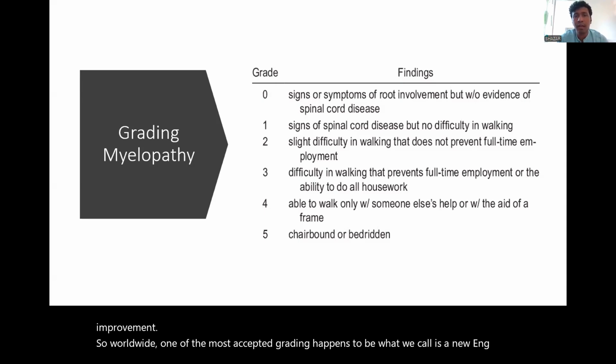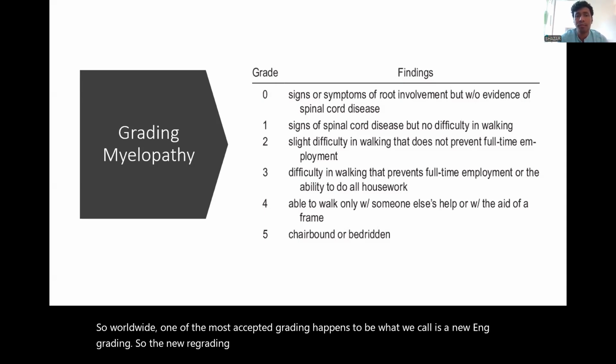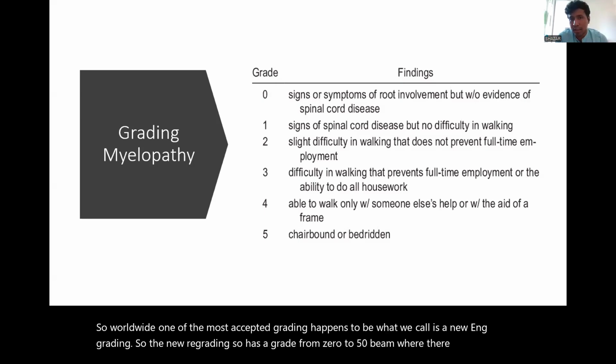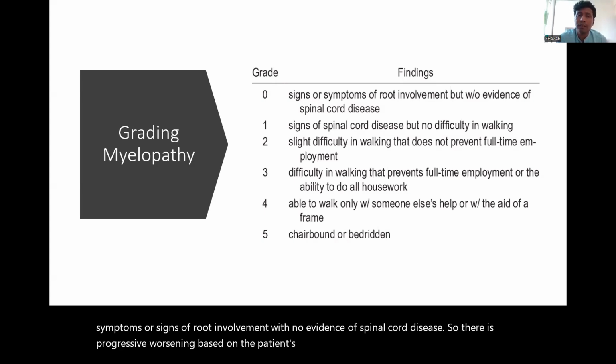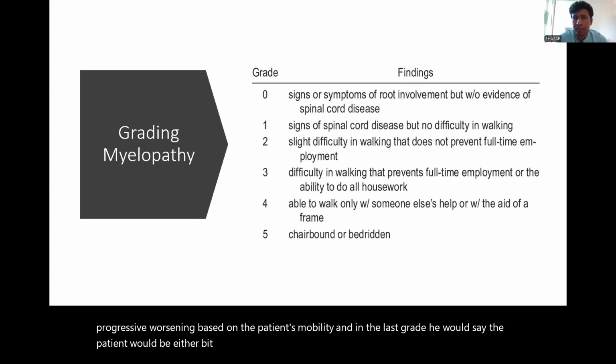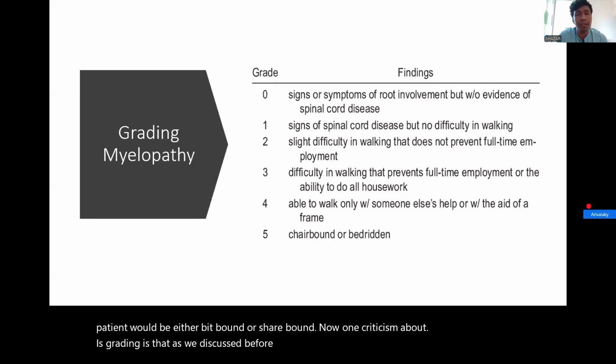The Nurick grading has a grade from 0 to 5, 0 being where there are symptoms or signs of root involvement with no evidence of spinal cord disease. There is progressive worsening based on the patient's mobility. And in the last grade, the patient would be either bedbound or chairbound. Now, one criticism about this grading is that, as we discussed before, mostly myelopathy begins with the hands.